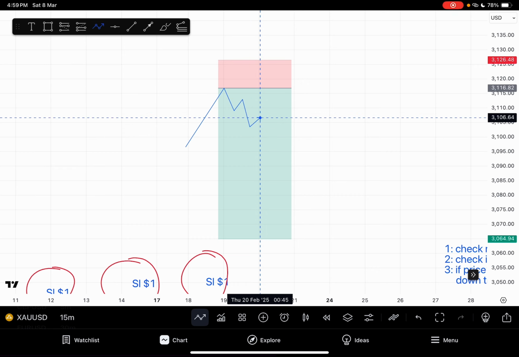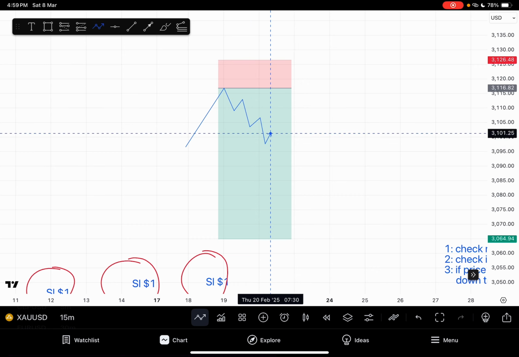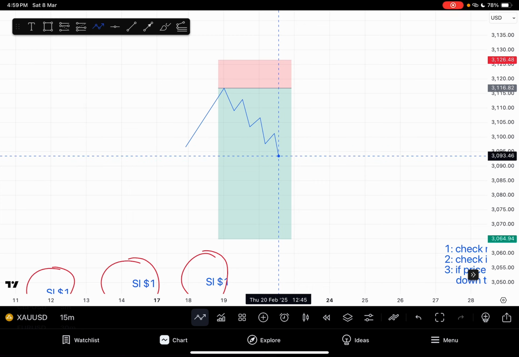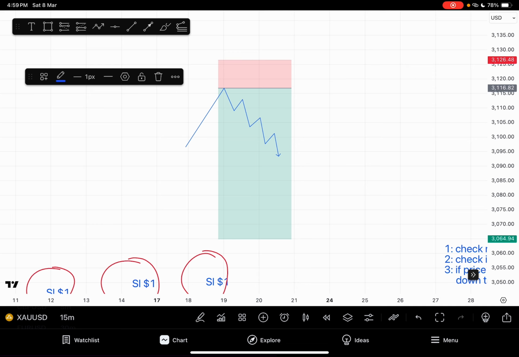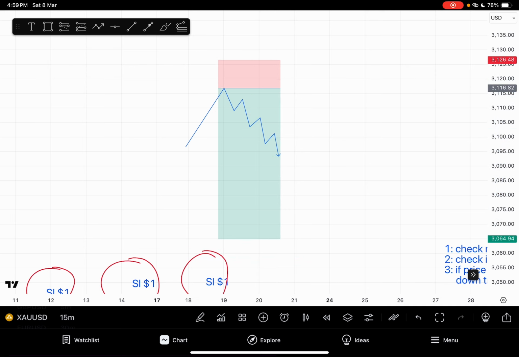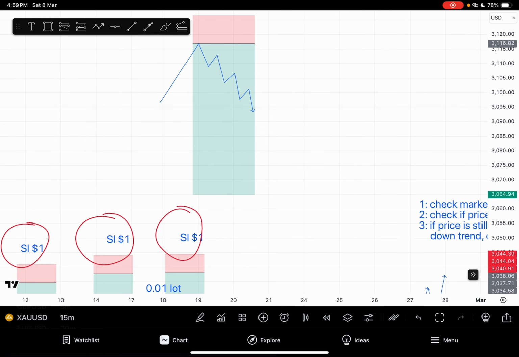Then you were following the trend as usual. Now from this point on, you decided, okay, price is moving in my favor, let me just add one more position to this trade so that I can make more profits.